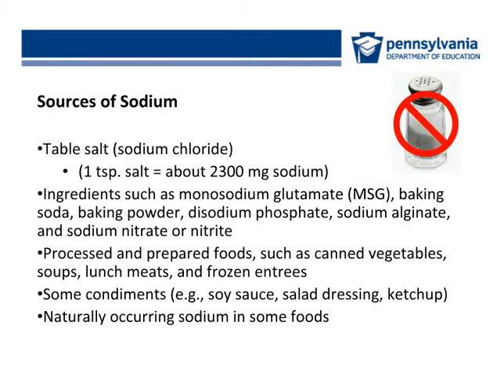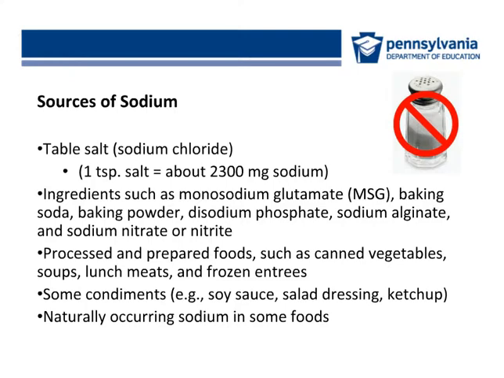This slide shows some of the commonly used sources of sodium. For your reference, you can see that 1 teaspoon of table salt equals about 2,300 milligrams of sodium. So some things you can look for are ingredients that have the word sodium in them, such as monosodium glutamate, disodium phosphate, also some preservatives like sodium nitrate or nitrite that are in hot dogs and lunch meats are big sources.